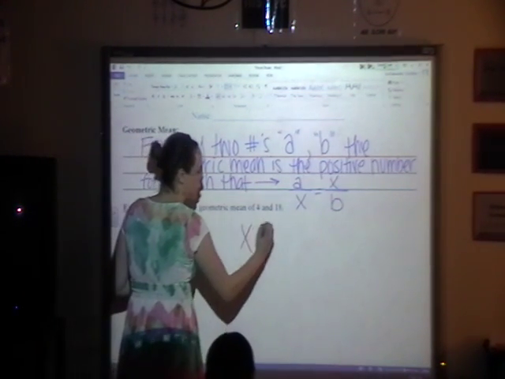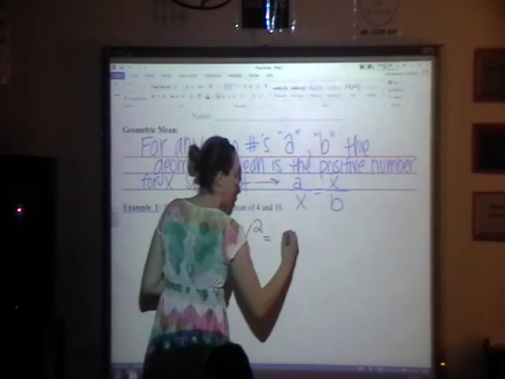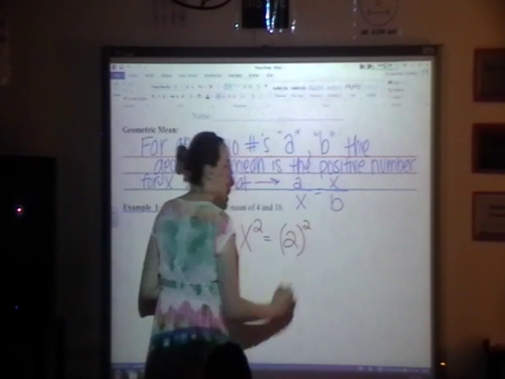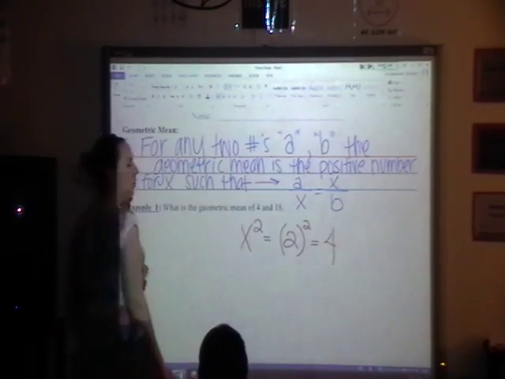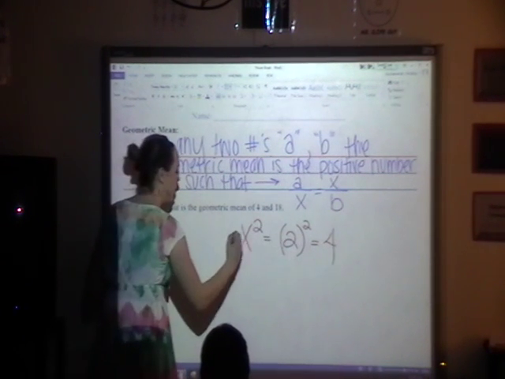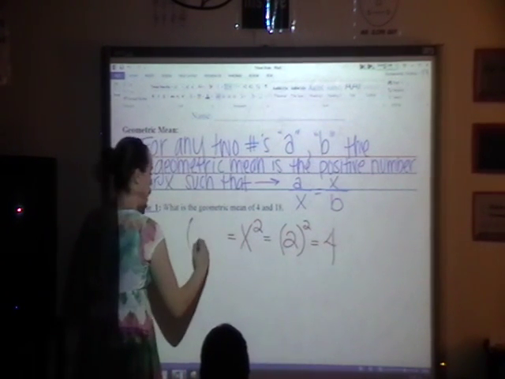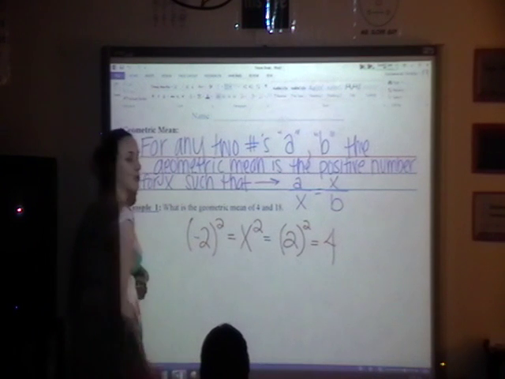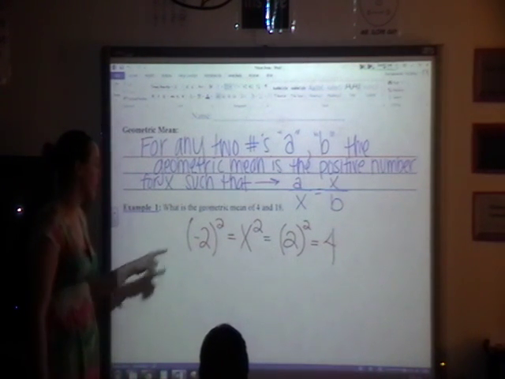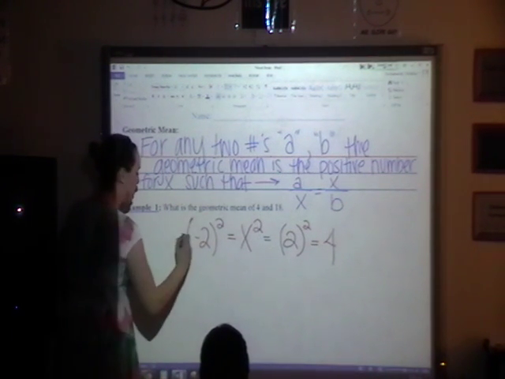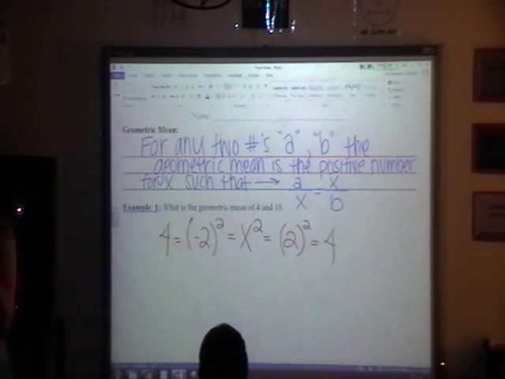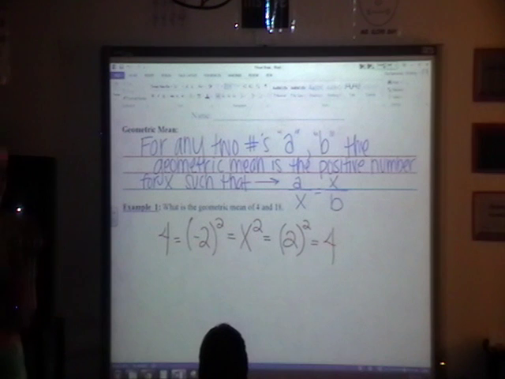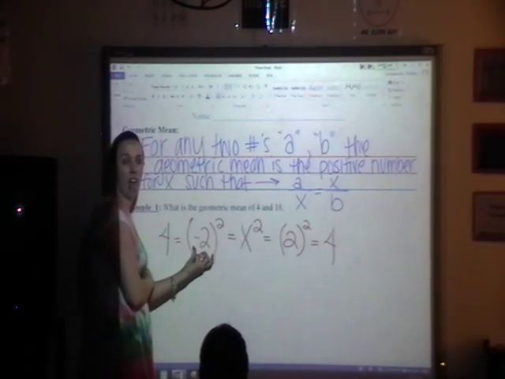If I had 2 squared, what is 2 times 2? 4. Well, that's a positive 2. What if I had negative 2 squared? Negative 2 times negative 2 is positive 4.